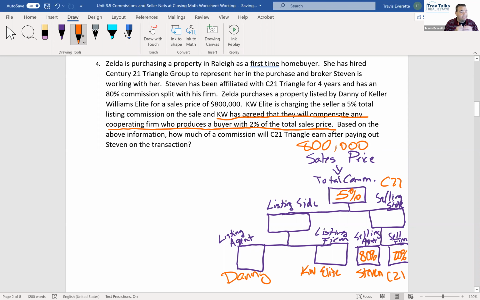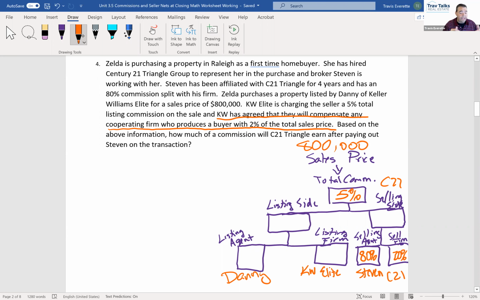So when you find that sentence that talks about both sides, Keller Williams on the listing side is cooperating with somebody else on the buyer side and offering them 2% of the total sales price. So the cooperating firm who produces the buyer gets the 2% of the total sales price.